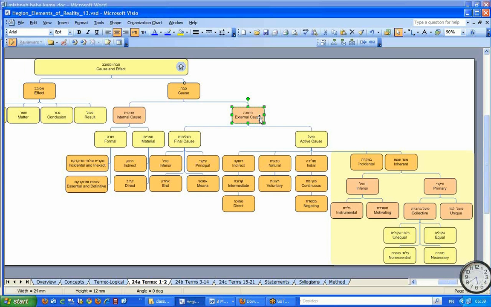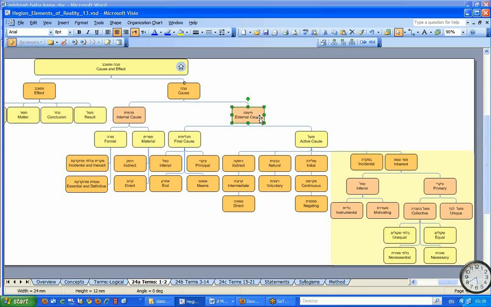So if a person does damage, for instance, so he's the cause of the damage. So he's the poel that does it. The question is, what does he work on? Okay, so whatever he works on would be the internal aspect of the damage.